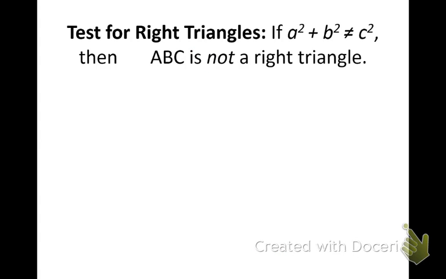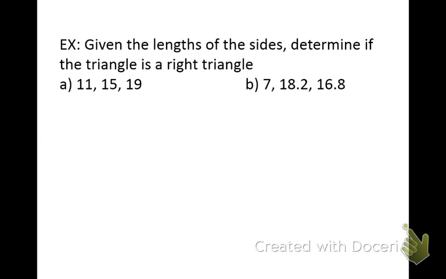Test for right triangles. If a squared plus b squared does not equal c squared, then ABC is not a right triangle. So if we're given numbers like 11, 15, and 19, we're going to take 11 squared plus 15 squared, and we're going to see if that's equal to 19 squared. If we're not sure, don't put equals, because we don't know if it's a true statement yet.